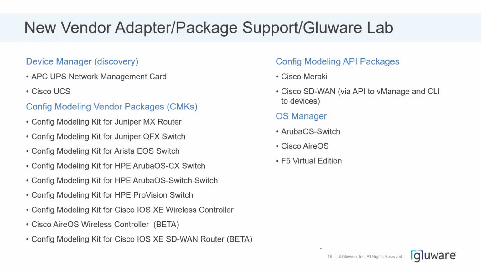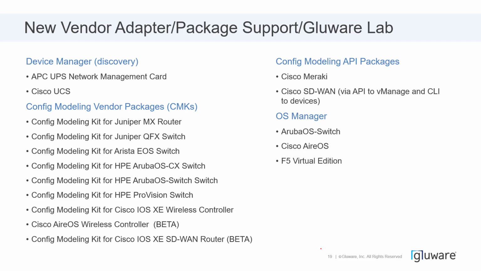As mentioned in the intro, we've expanded the ability to automate API-oriented controllers like Cisco Meraki and Cisco SD-WAN. And we continue to enhance OS Manager, adding the ability to automate operating system upgrades and patches across additional devices like HP Aruba, additional Cisco devices, and F5.